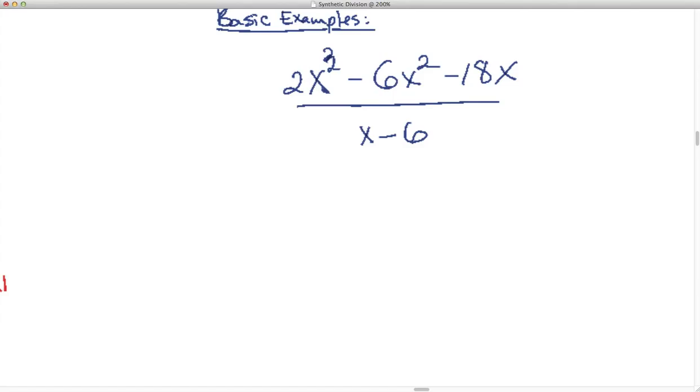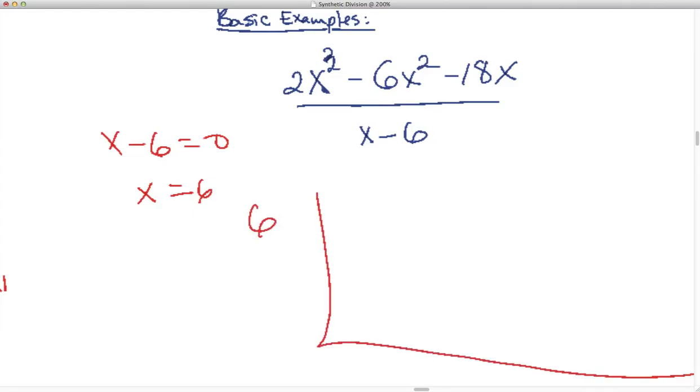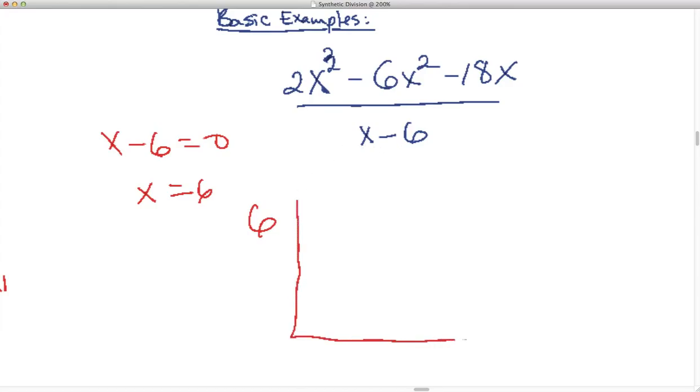We're going to look at x minus 6, set it equal to 0, and that's going to go on the outside. Then we write down the coefficients.